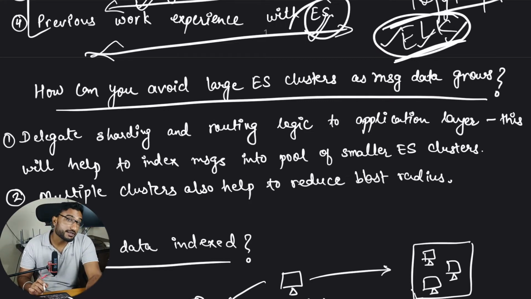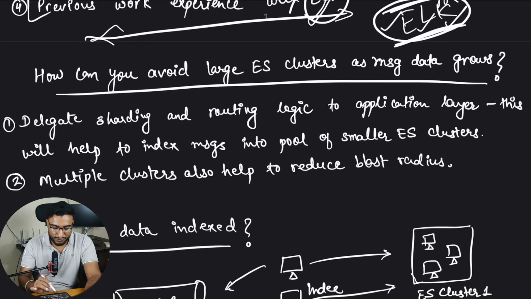To avoid foreseeing those issues in the future, from the start I can build my solution in such a way that my Elasticsearch cluster size does not exceed a particular number of nodes. Let's say I don't want to create an Elasticsearch cluster with more than 30 nodes, right? So how can you avoid large ES clusters as message data grows?